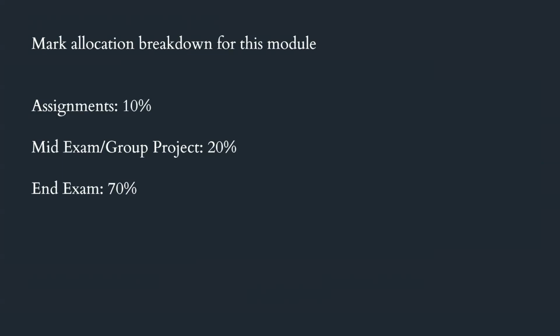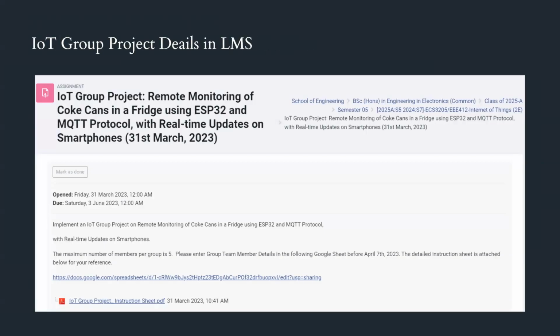So most of the marks will be allocated from the end exam. However, the group project plays a significant role in deciding your grade. Therefore, the group project must be done at a considerably satisfactory level, and it determines the final grades. The project details are given in the LMS, and using those, you can start doing the project.